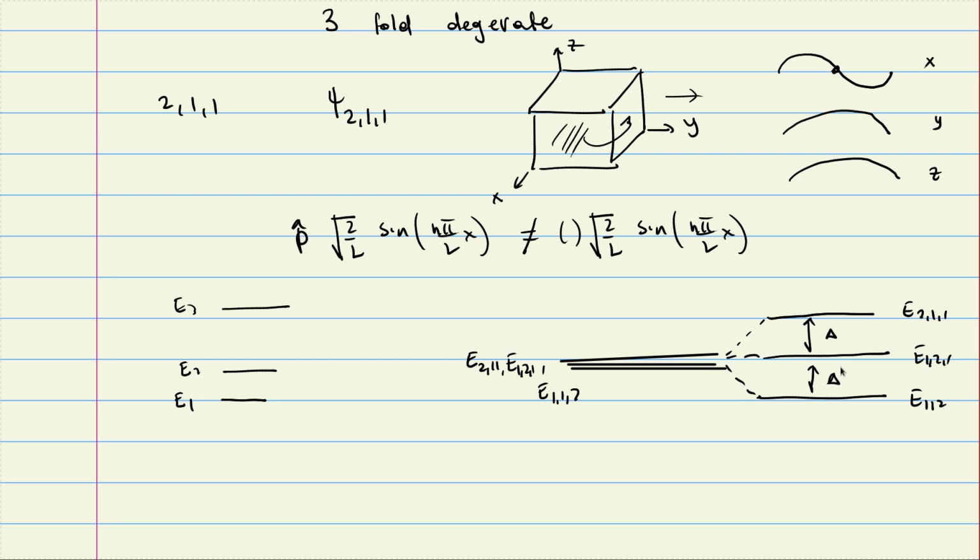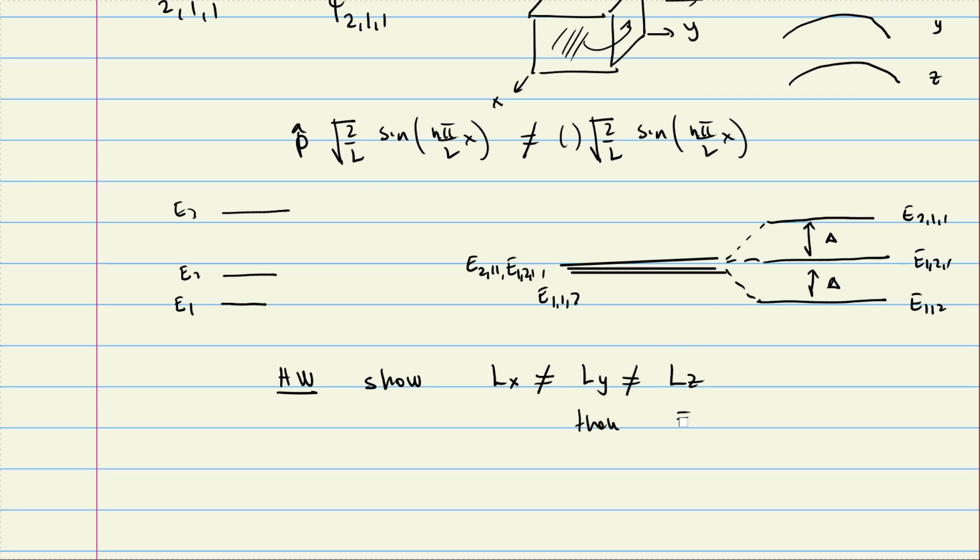For example, a good way to split the degeneracy, here's an exercise for you, or optional homework. Show that if you take Lx not equal to Ly not equal to Lz, so basically the dimensions of the box are different, it's not a perfect cube anymore, then the degeneracy is split.